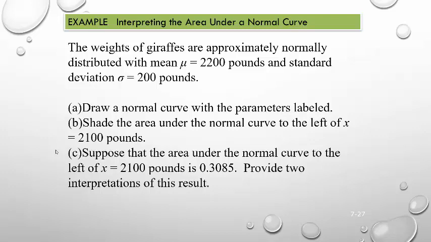I want to shade the area under the normal curve to the left of x equals 2,100 pounds. Suppose that this area is 0.3085. And I want to provide two interpretations of that result.